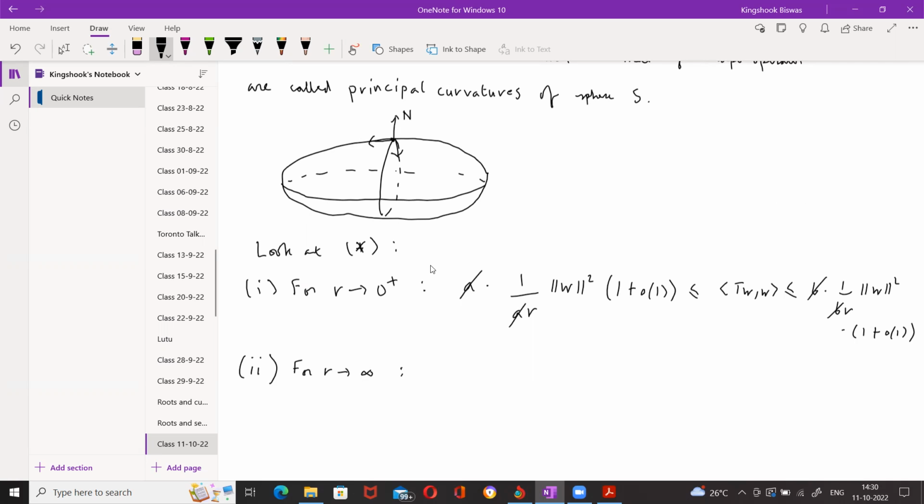So you get in the limit a into 1 plus little o of 1, norm W squared, less than or equal to inner product TWW, less than or equal to B into norm W squared into 1 plus little o of 1.